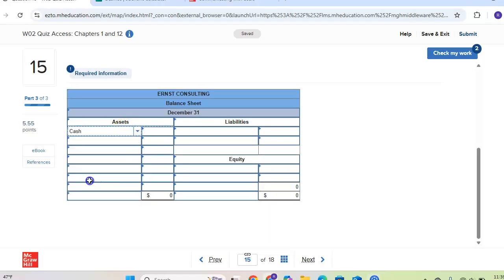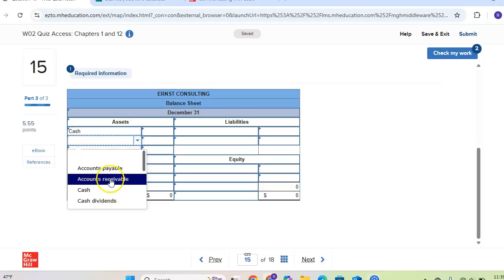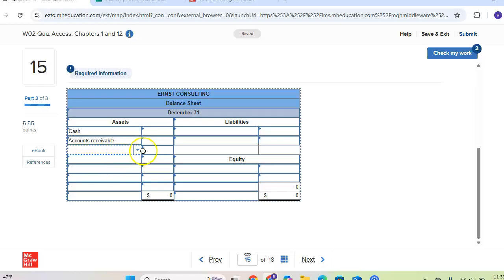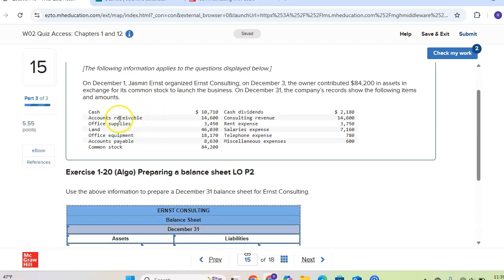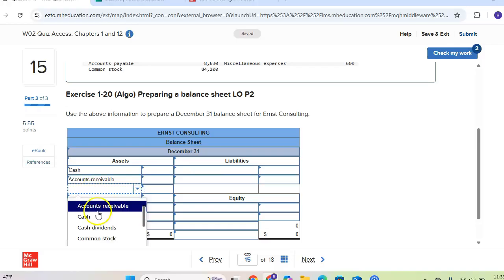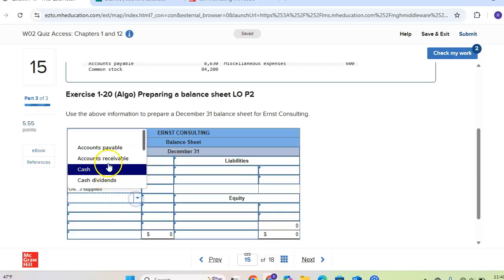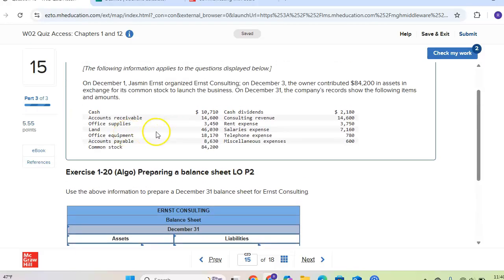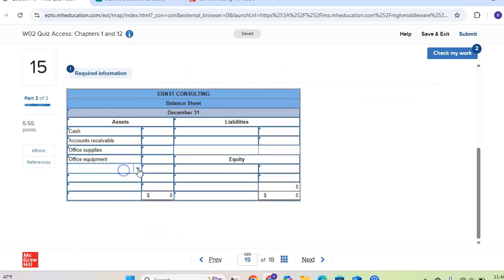So I put in cash, accounts receivable, office supplies, office equipment, and land.